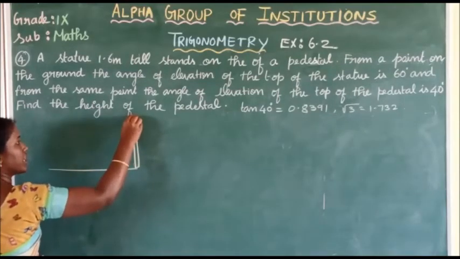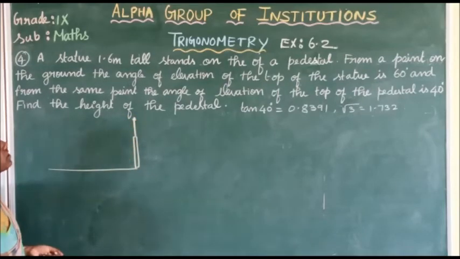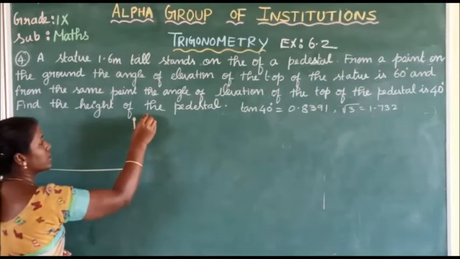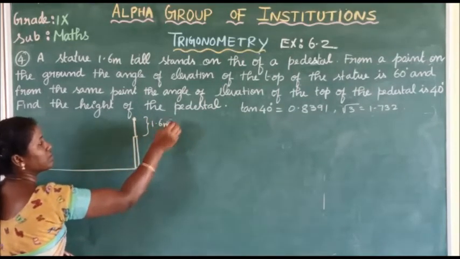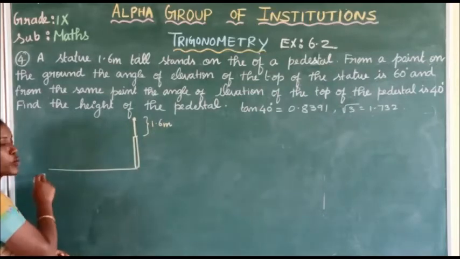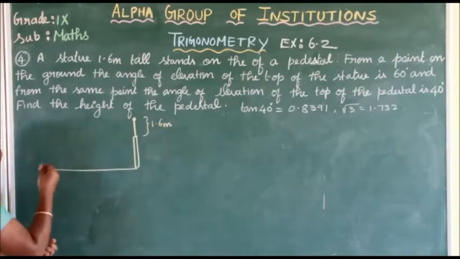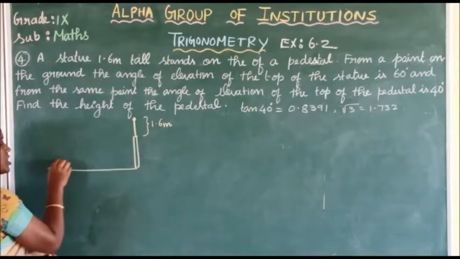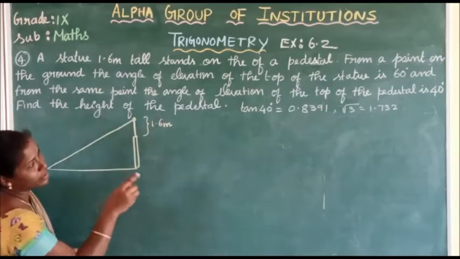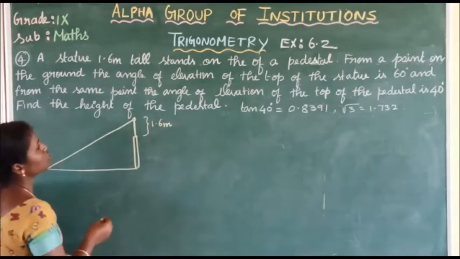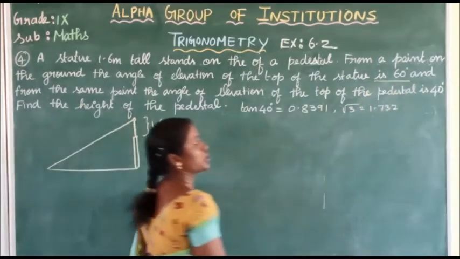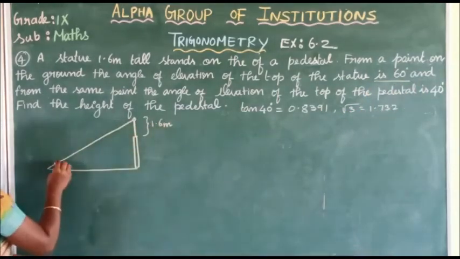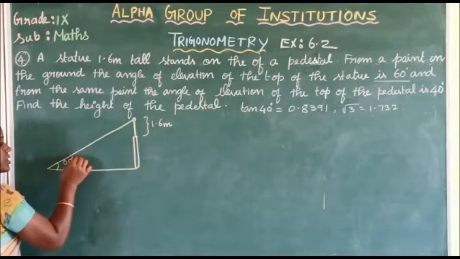Okay, what is given? A statue 1.6 meters tall. The statue height is 1.6 meters. From a point on the ground, a person is observing the top of the statue at an angle of elevation of 60 degrees.